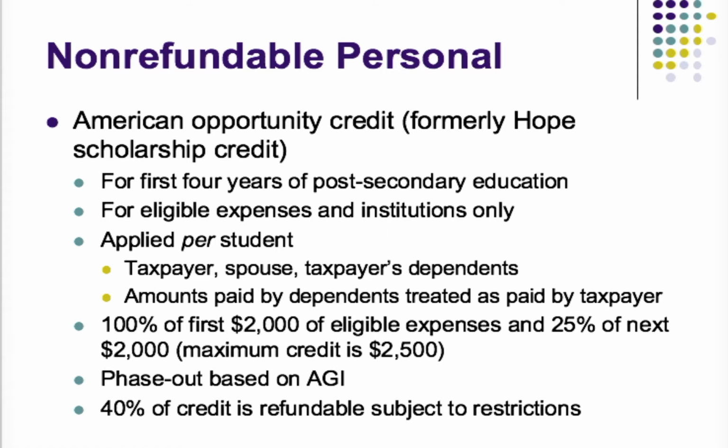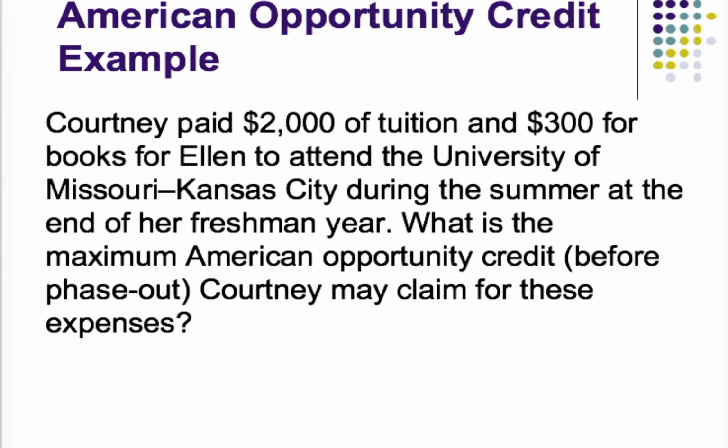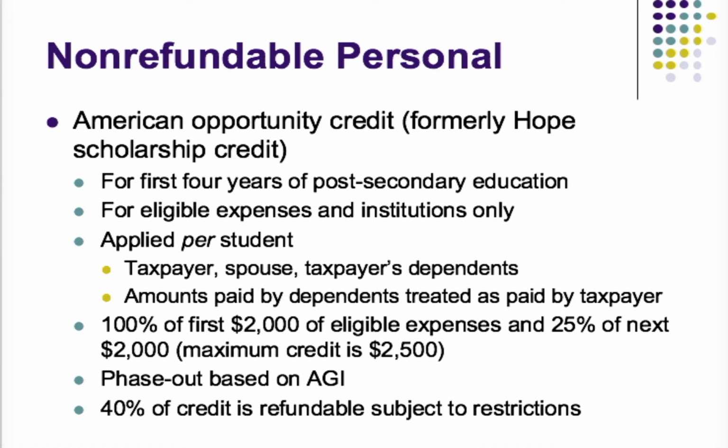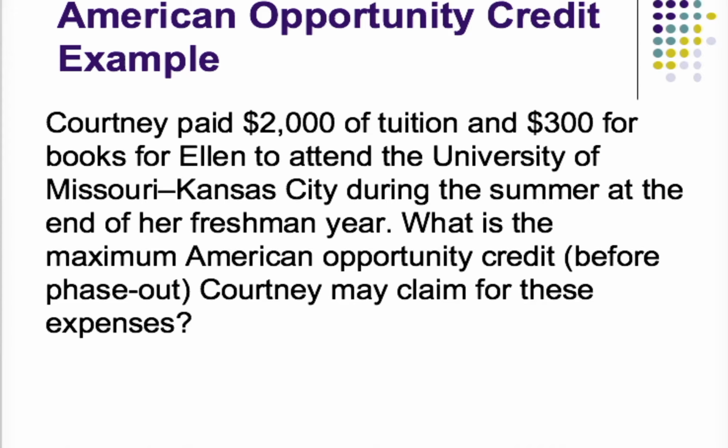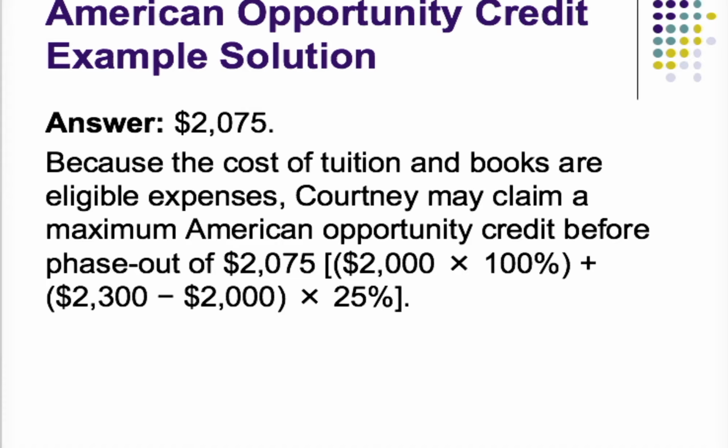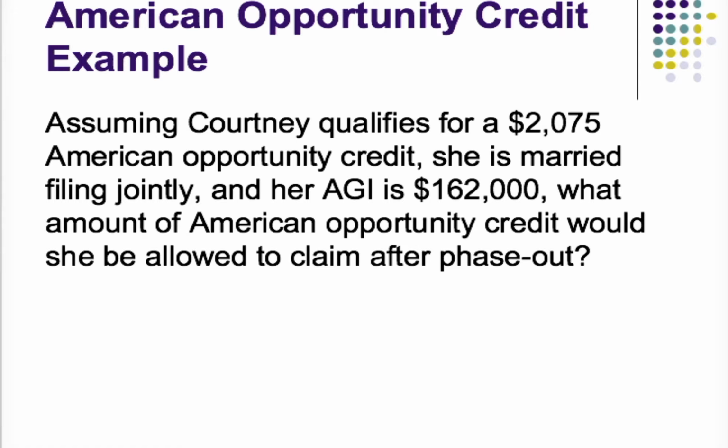Other non-refundable personal credits include the American Opportunity Credit, which is based on higher education costs. That's just a continuation there, an example, you can take a look at that. The key to the American Opportunity Credit is making sure that the income is not too high and any costs that it would be used for are qualified costs under the definition there.